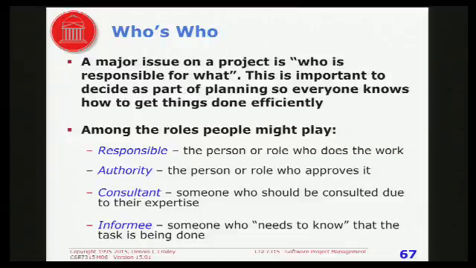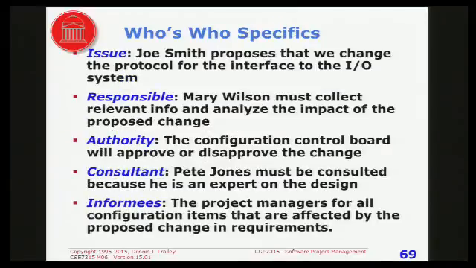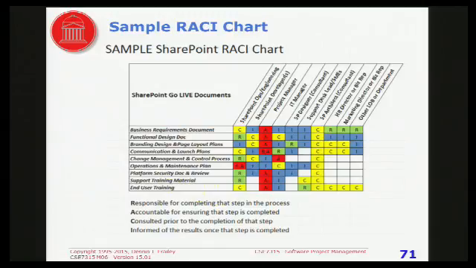And there's an example here that I don't have time to go into. I'll let you go through it by yourself, but I wanted to get to this slide here. There's something called a RACI chart, which stands for responsible, authority, consultant, and informed. And here's an example of a RACI chart. I got this off the web. Here are, in this case, a bunch of documents, a bunch of plans.